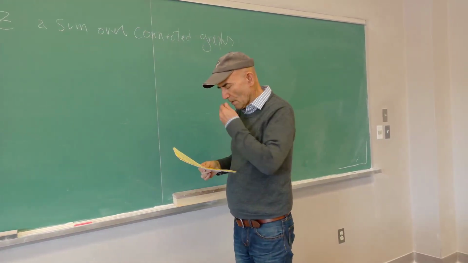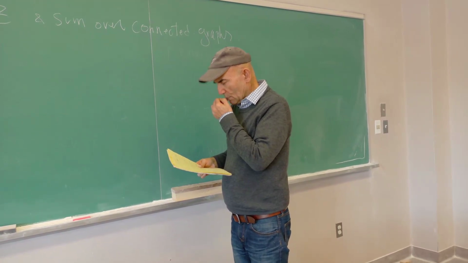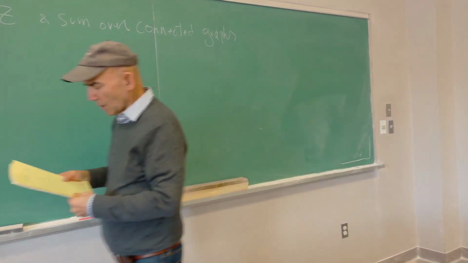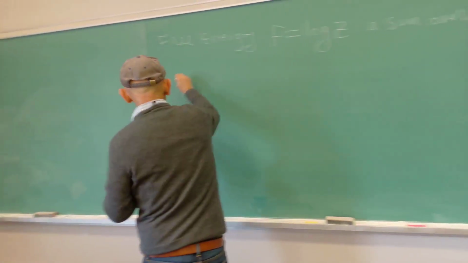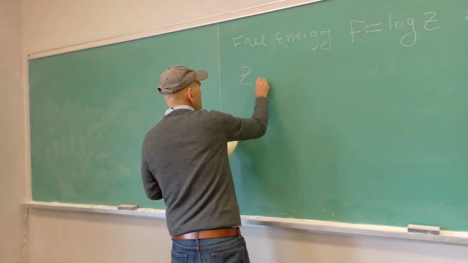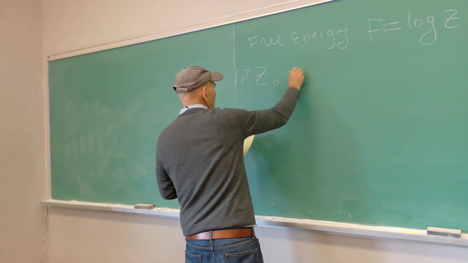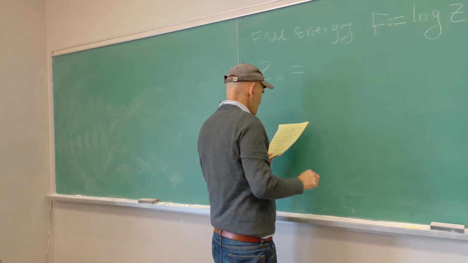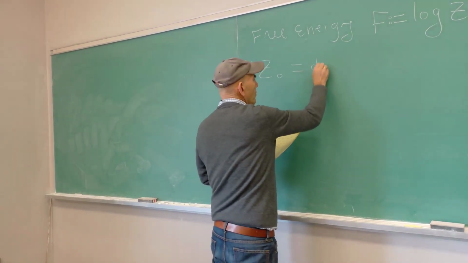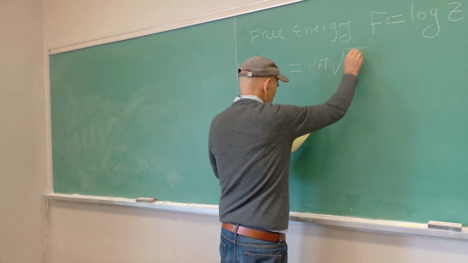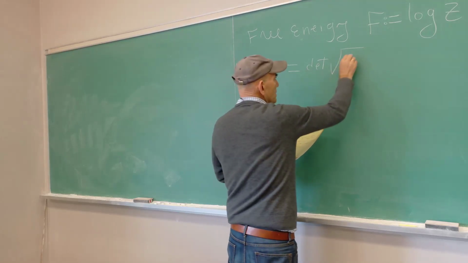To normalize things, we divide by Z0, which is the determinant of root 2 pi over b as usual.